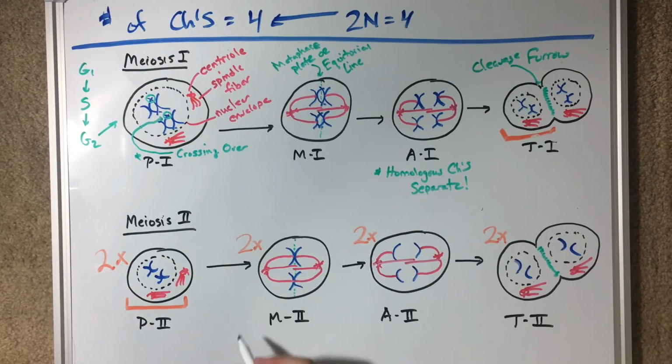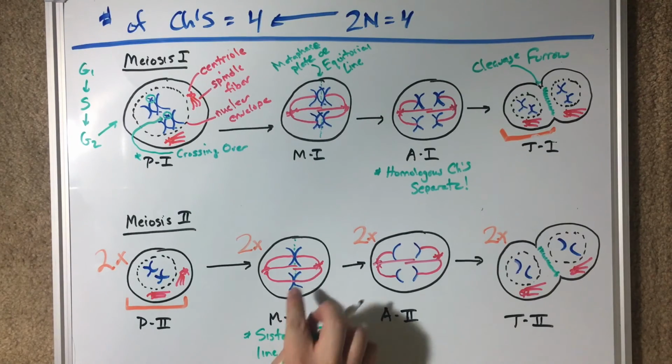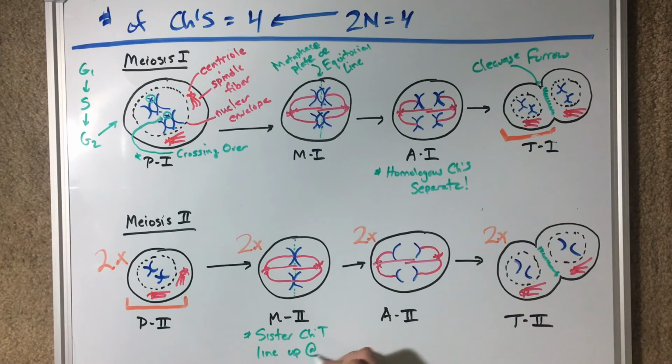Major note here, sister chromatids line up at the metaphase plate. In anaphase 2, sister chromatids separate.